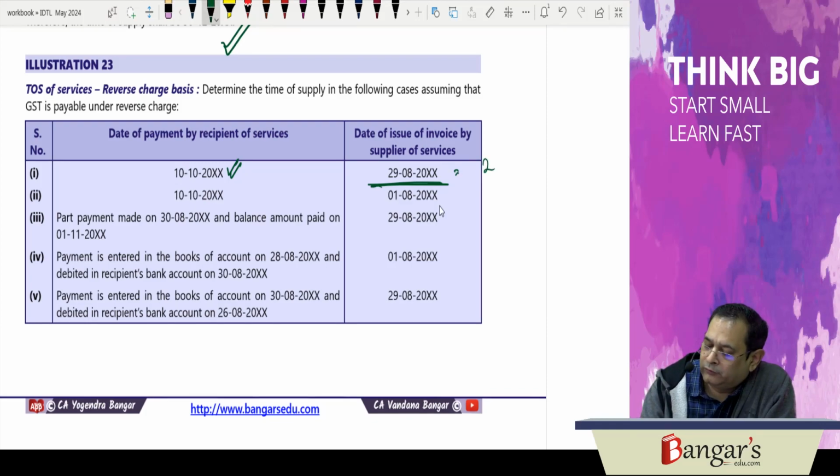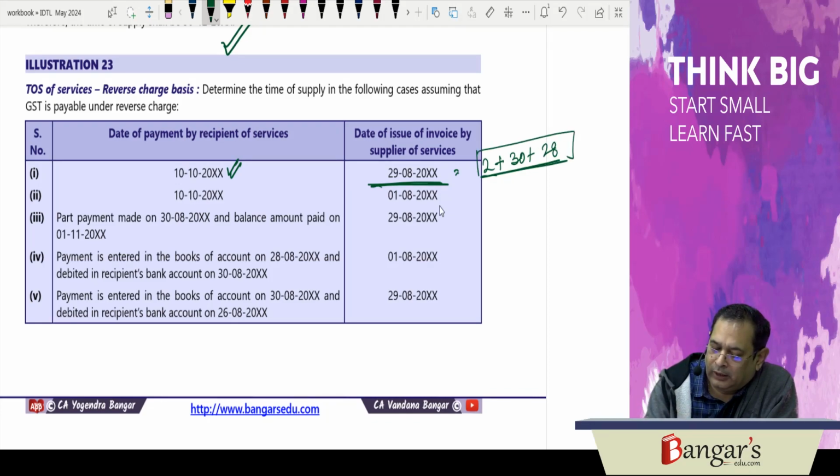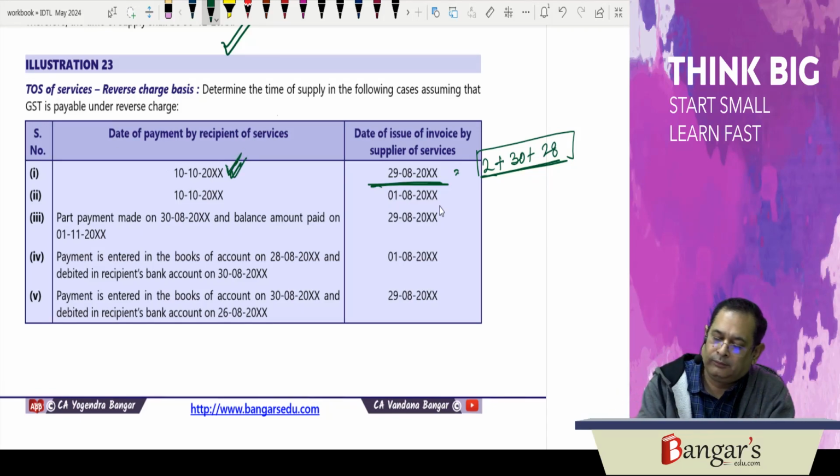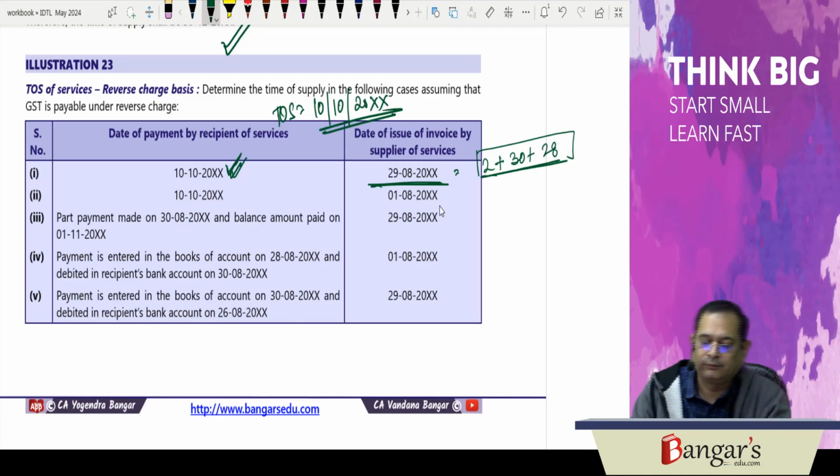Let us see, 2 days for August, September and October. October here is 28 days. So here payment has been made within 60 days, so the time of supply will be 10/10.